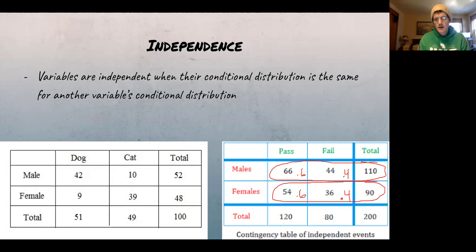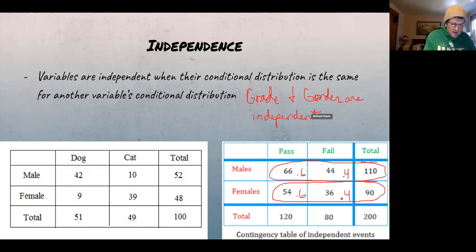This is where it's a little bit strange, but at this point, I would say these two variables, grade and gender, are independent. And further, I could say there's no association between them.